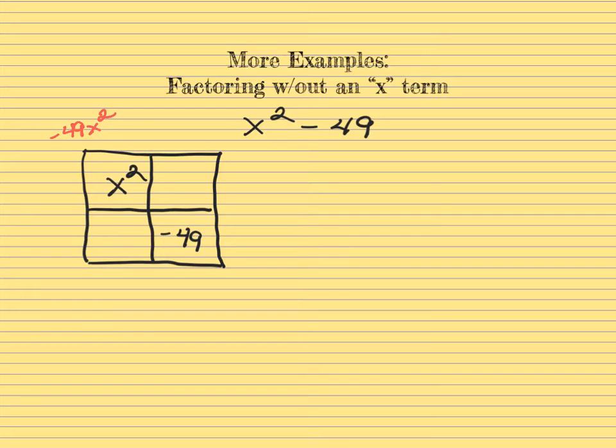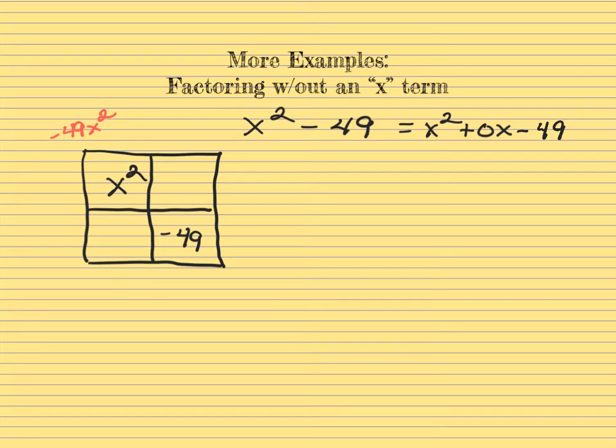And we also want to think about our sum, which in this case is 0 because there is no x term. Remember, this can be rewritten as x squared plus 0x minus 49.